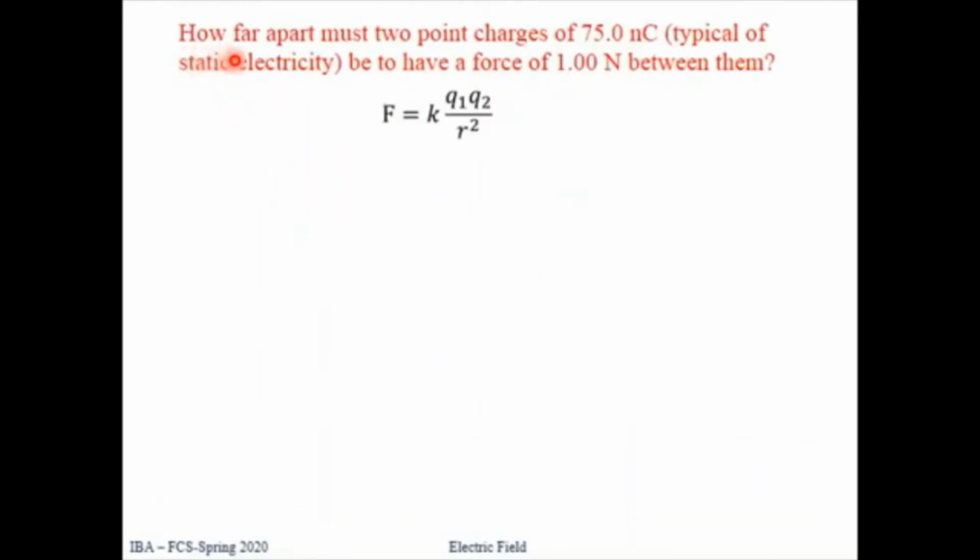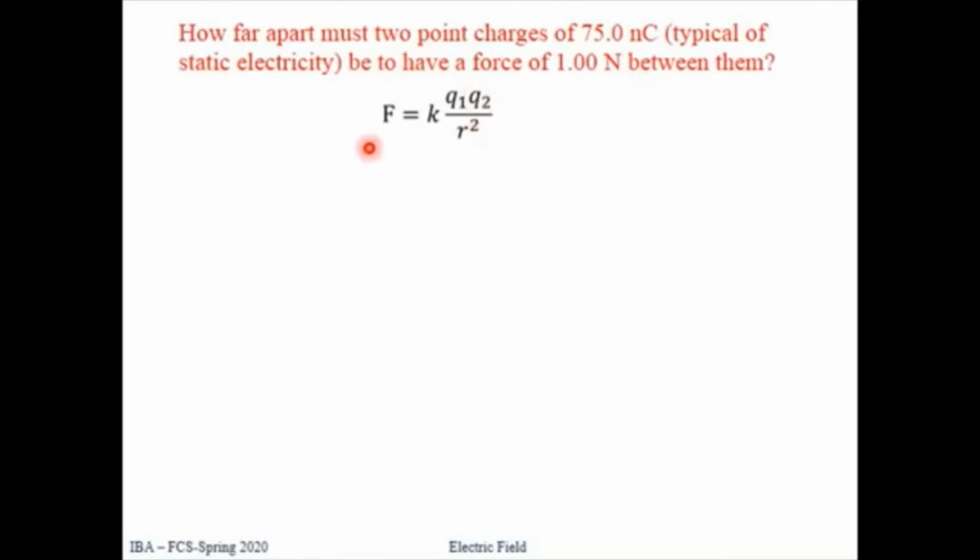Another problem: how far apart must two point charges of 75 nanocoulomb be? Nanocoulomb means 10^-9 coulomb, typical of static electricity, to have a force of 1 newton between them.